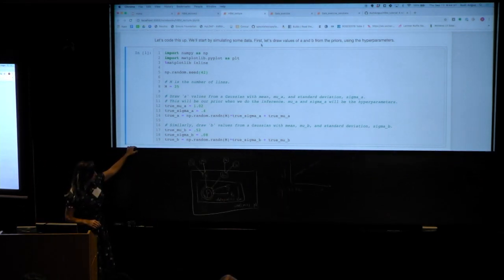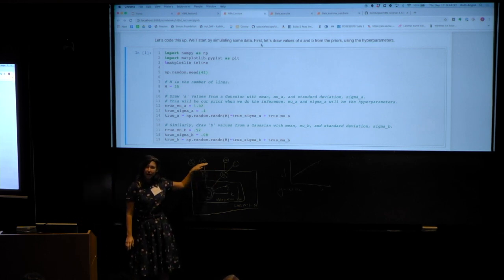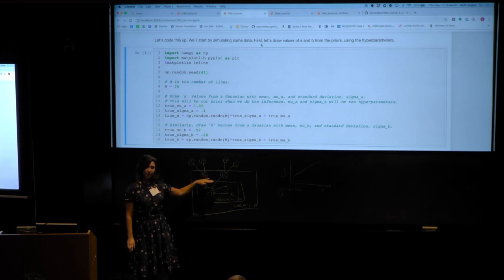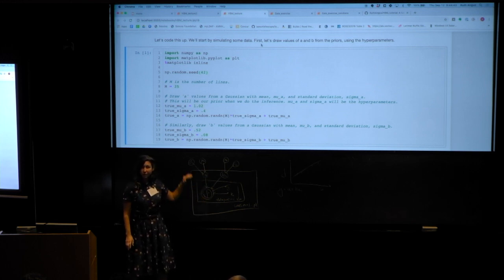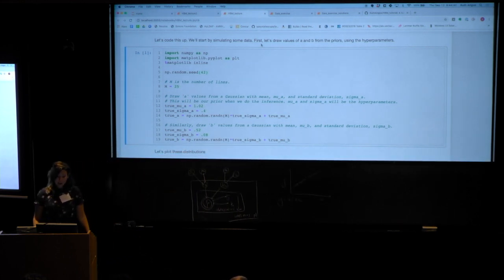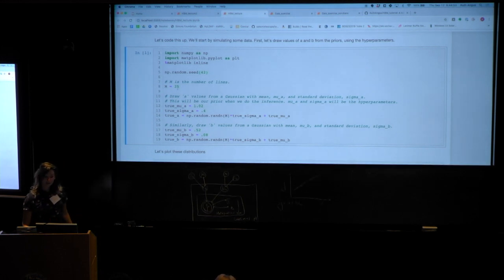So first up, we want to draw our A's and B's from these distributions. Then we want to simulate lines from these A's and B's. So those are the two procedures in simulating the data. So that's what I'm doing here. In this first cell, I'm going to simulate 25 lines.